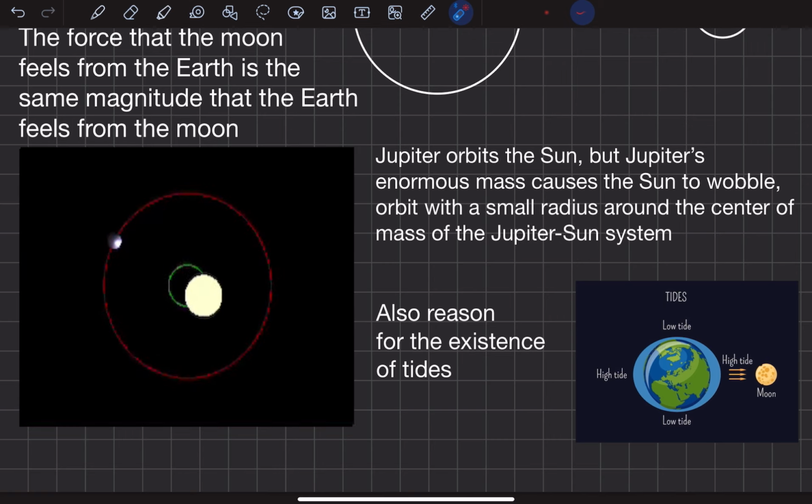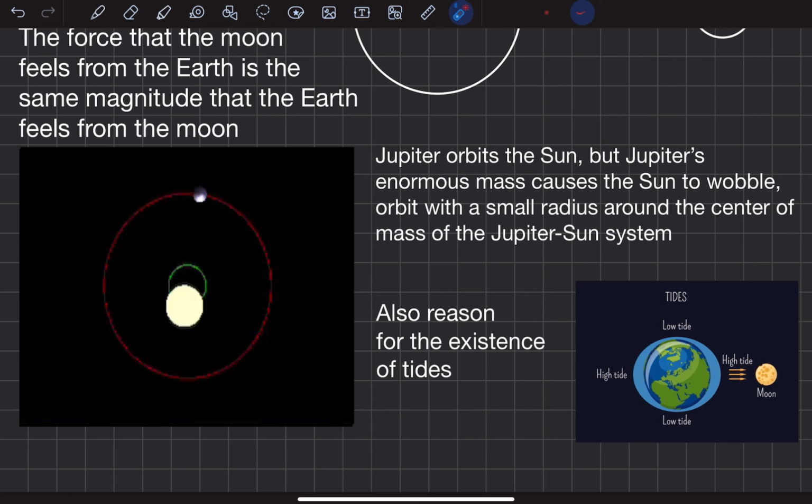But it turns out the Sun does move. Now this is exaggerated in this picture, but the Sun does wobble. It has this little tiny orbit that it goes through. It's not orbiting an object, it's orbiting the center of mass between these two objects, between Jupiter and the Sun.